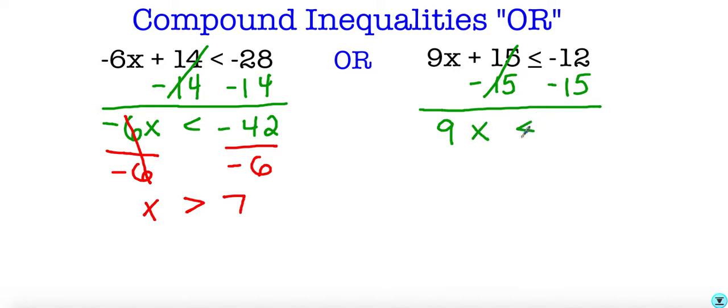Nine x is less than or equal to negative 27. And in order to get rid of the 9, I divide both sides by 9. That cancels out. Since I'm dividing by a positive, we do not need to flip our inequality.